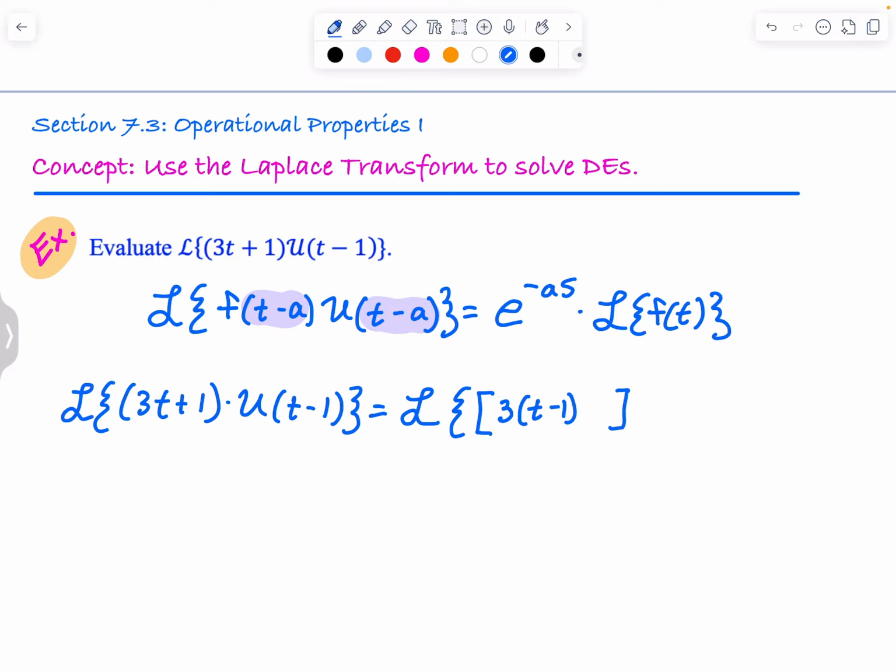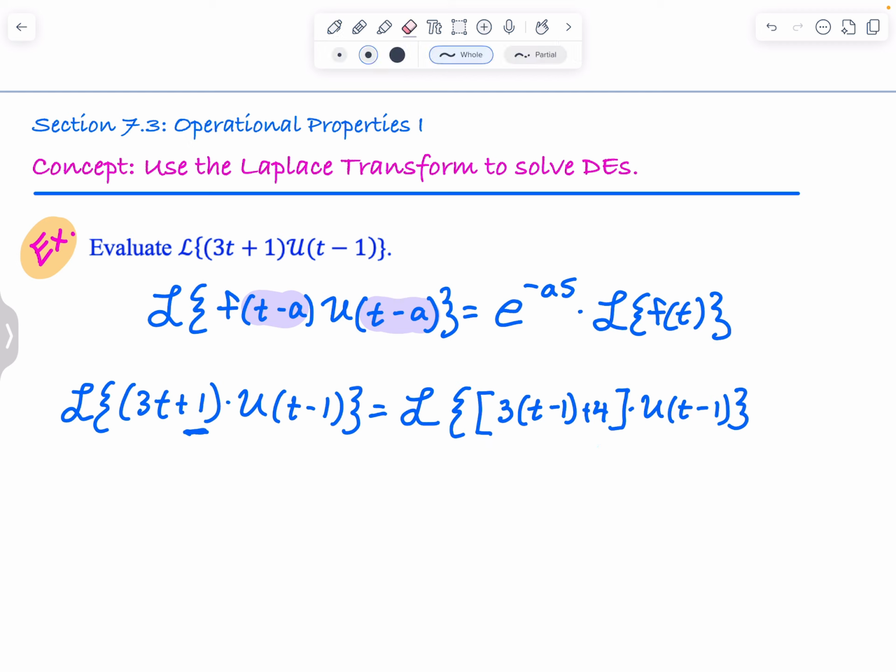And I have to think about what's going to go there to make sure that it works out. Like, meaning I didn't change anything. Okay, this is going to end up being a 3t minus 3. And I need to get back to a plus 1 here. So this is going to be a 4, right? That'll give me my 1. So I'm going to put a plus 4 here. And that's how I know it will work out now.